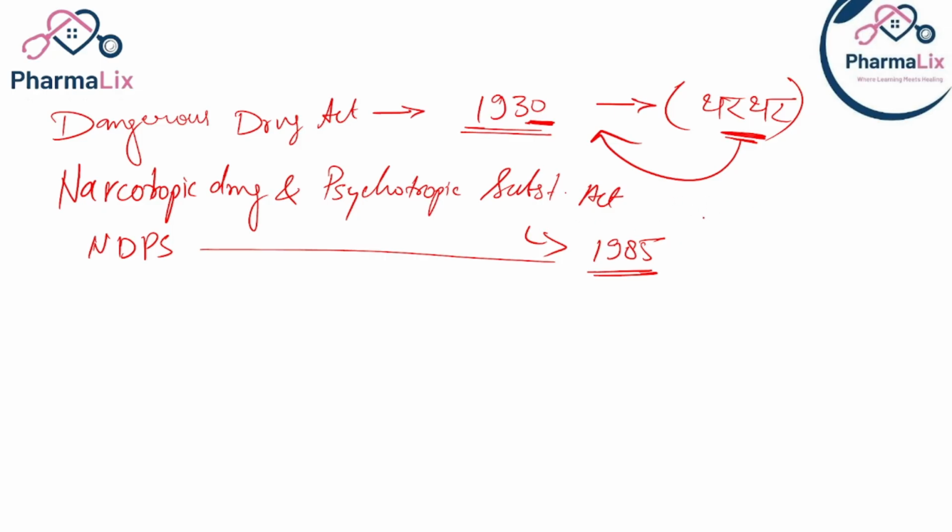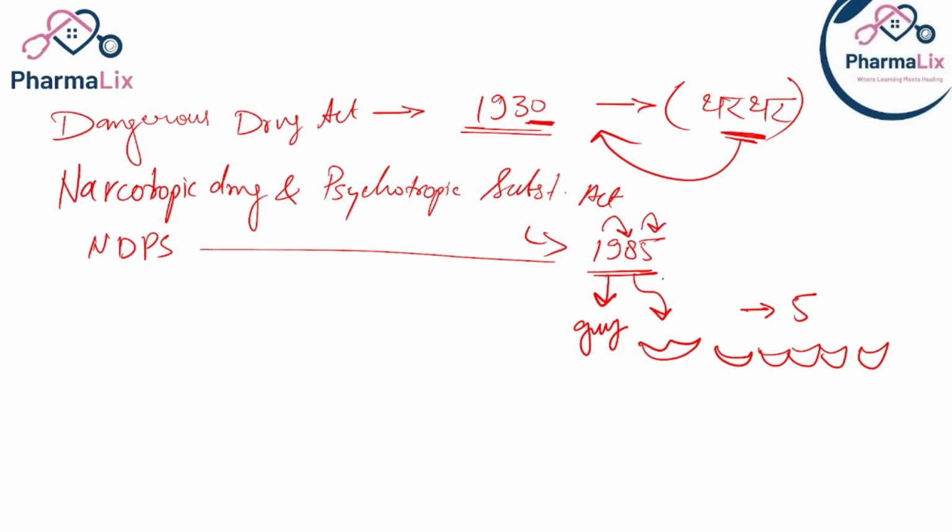You can remember this as a 19-year-old guy who has a plate, but now he wants 5 plates. Thus we can remember 1985. In this way, these are a few important dates which you can remember.